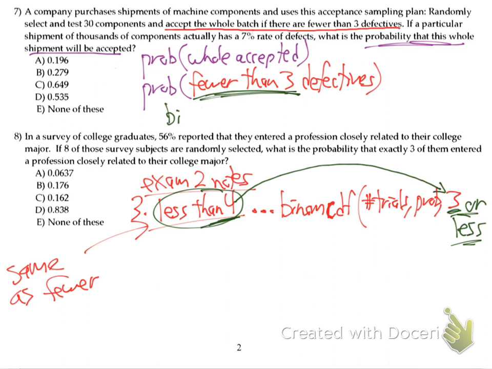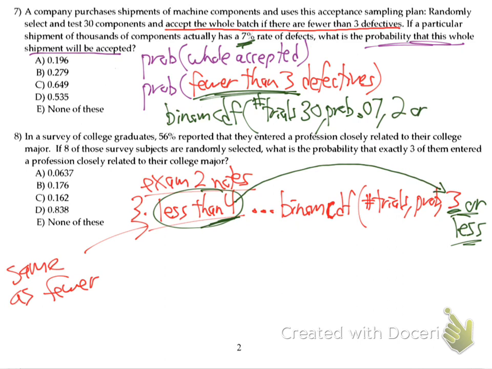So we'll do binom CDF, number of trials. What's the number of trials? It's going to be 30. And probability is 7%, since 7% of them are bad. And then 2 or less. Again, you don't write in all those words. I'm just telling you why they're there. Is that making sense? So you can just follow the pattern off your exam 2 notes.